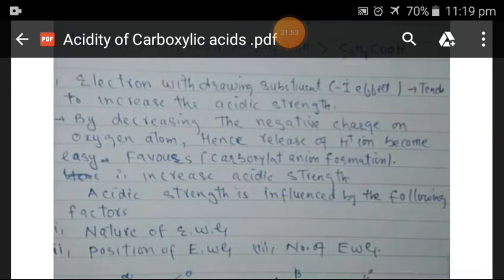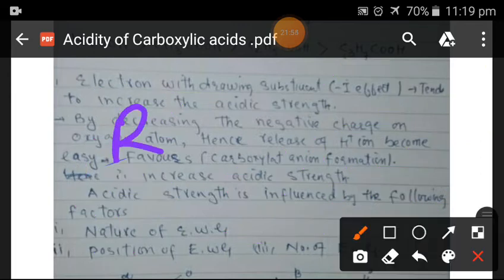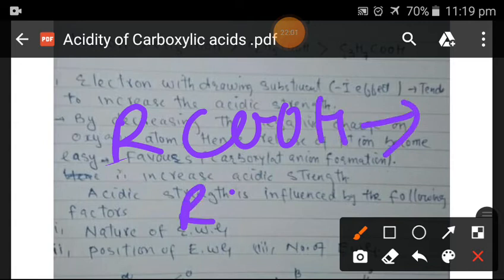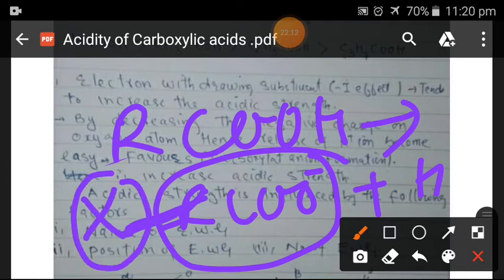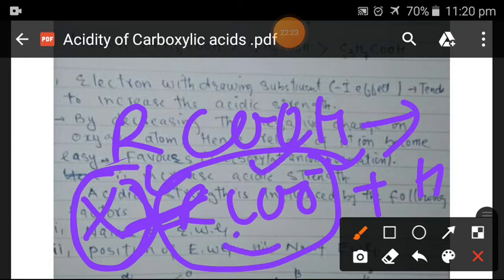Clear? Second thing, after the donation of the proton, it gives RCOO negative. Clear? And H positive. When this RCOO negative is attached to some group which is an electron withdrawing group, the electron density will be shifted toward this electron withdrawing group, as a result of which it gets more stabilized.